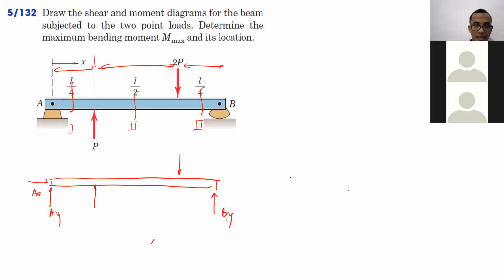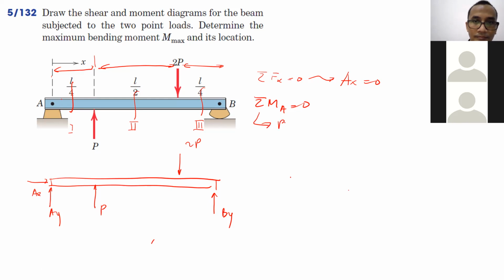Okay. There are three unknowns, and we have three equations as well. Using sigma Fx equal to 0, what will we have here, Nabil? Yeah, AX is equal to 0. That's correct. Then I want to use sigma moment at A equal to 0 to find BY. What will we have for the equation here?